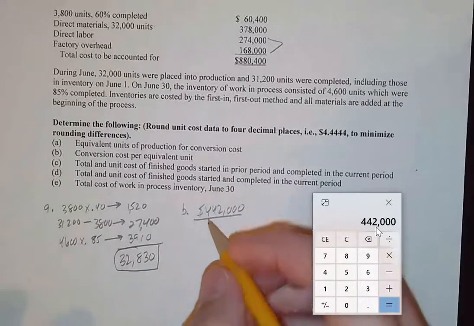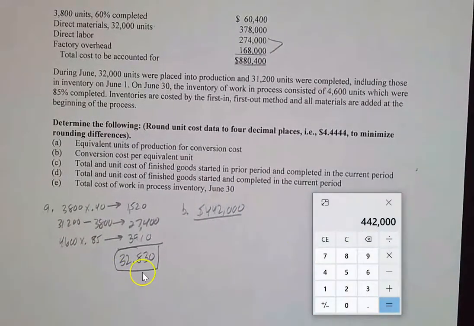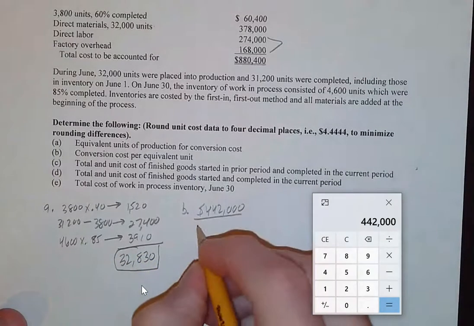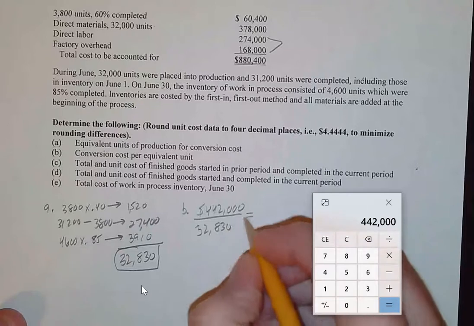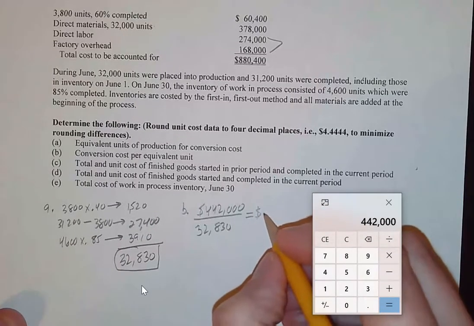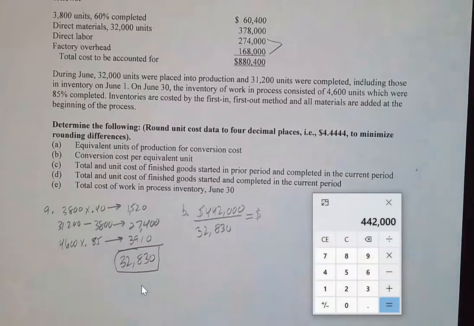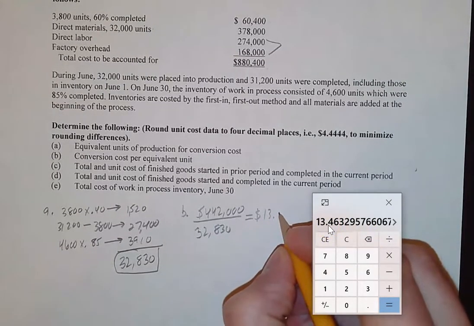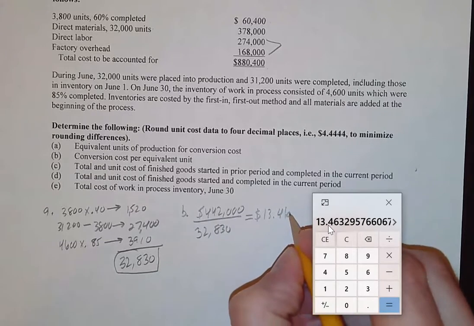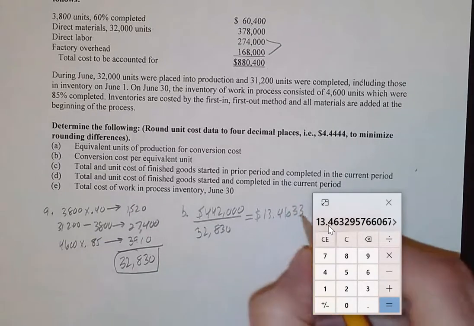And we're actually going to just divide that by our number of equivalent units. Okay, and so if we do that, what was it? It was 32,830. It's right here in front of me. That's going to give us a per unit conversion cost figure of, divided by 32,830, $13.4633.